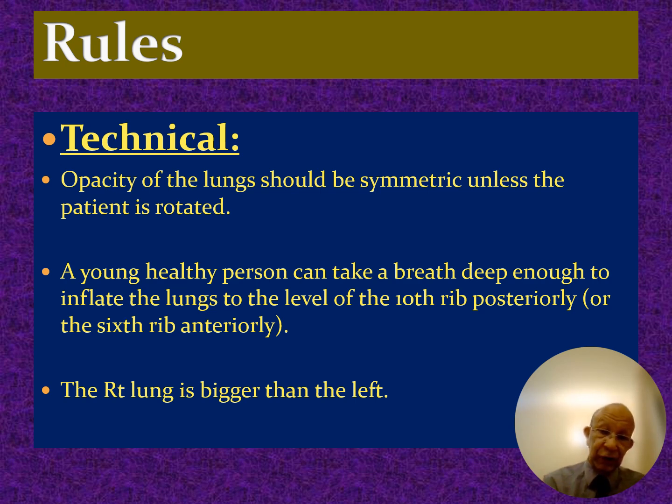That might not happen, not because the patient is not taking a deep breath in, but because of pathology, as I mentioned, such as restrictive lung disease, fibrosis, musculoskeletal disease, and so forth. When you look at an X-ray, the right lung is bigger than the left, because it has 3 lobes and the other one has 2 lobes.